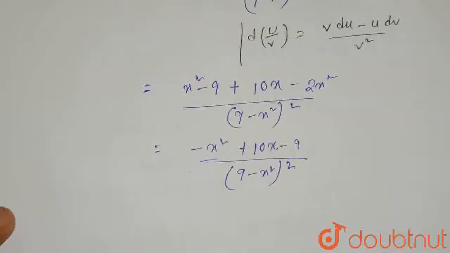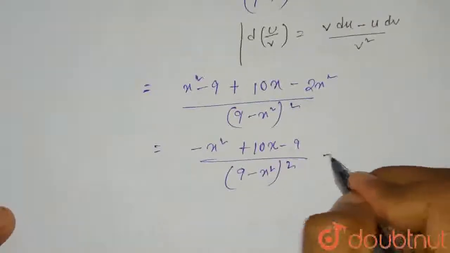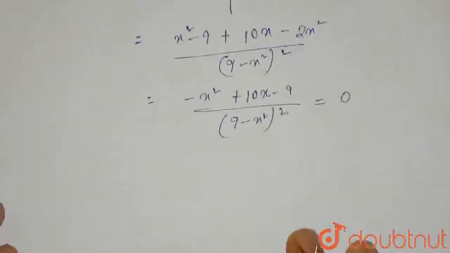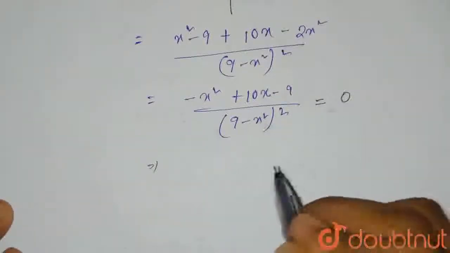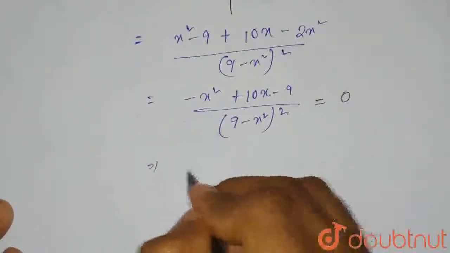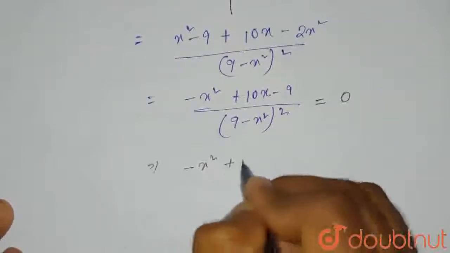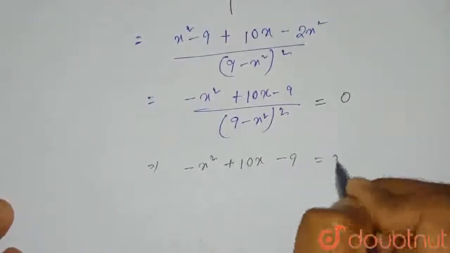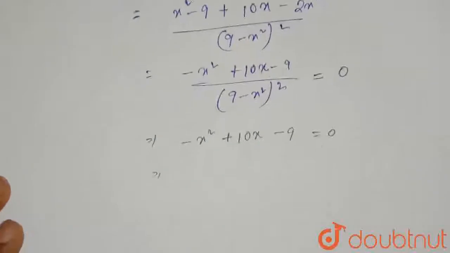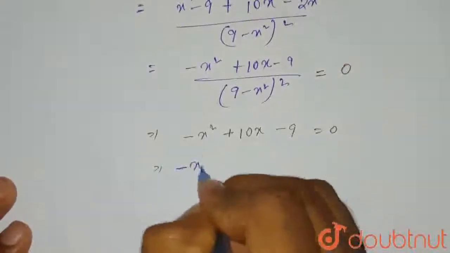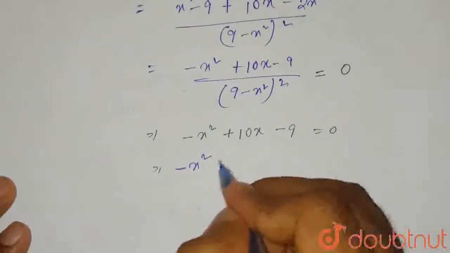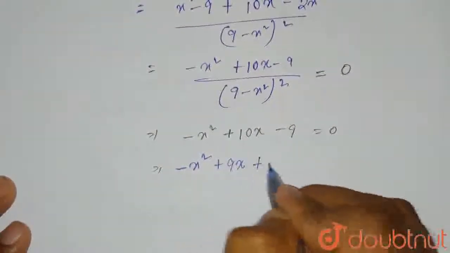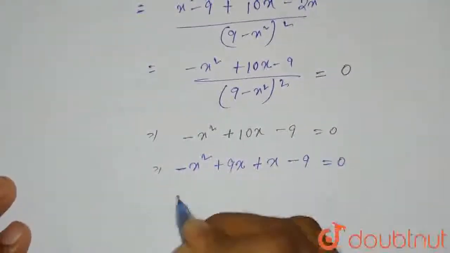Now for the maximum and minimum value, this differentiation has to be equal to 0. If we cross multiply, we are left with minus x squared plus 10x minus 9 equals 0. If we solve it further, it will be minus x squared, and 10x can be written as 9x plus x, minus 9 equals 0.